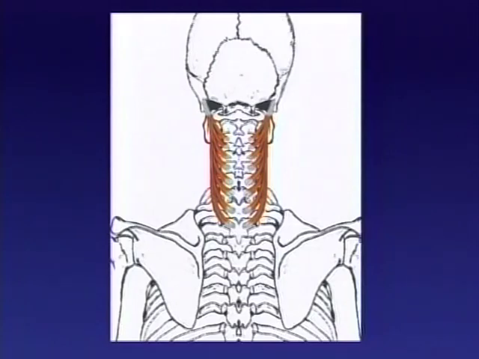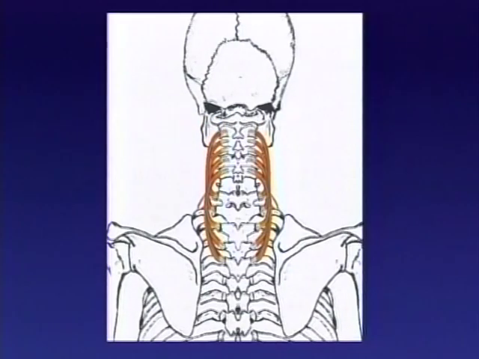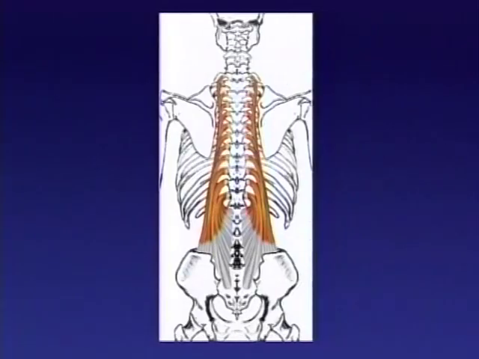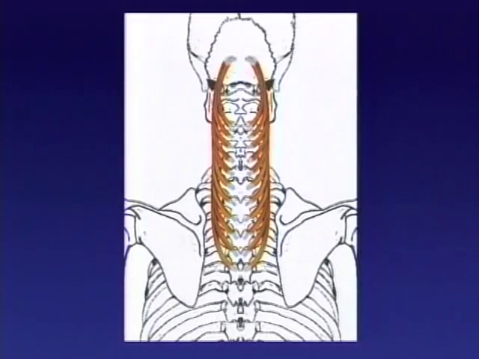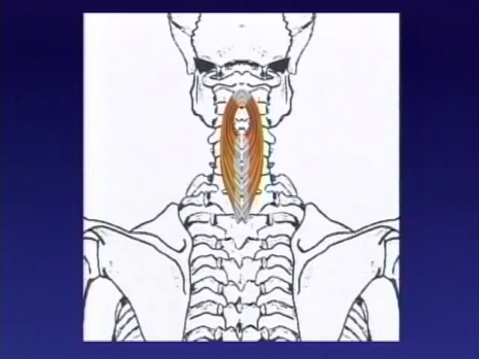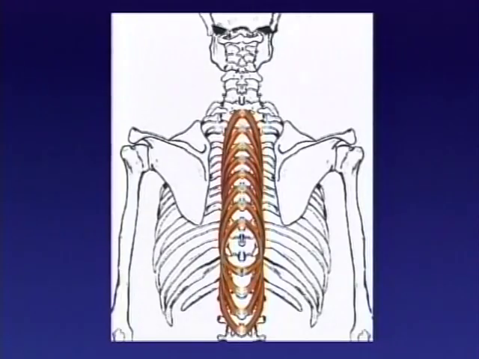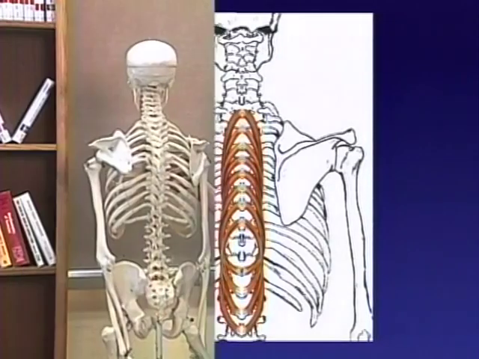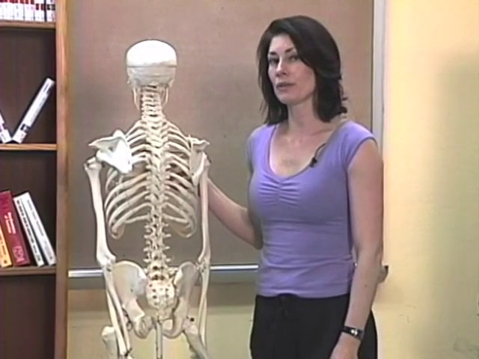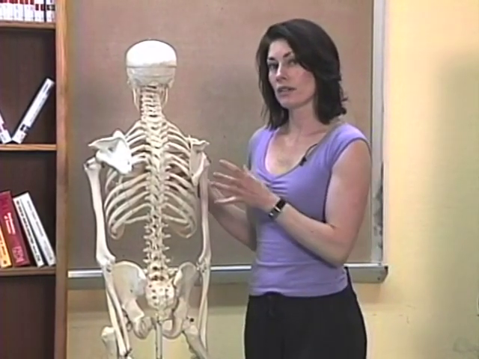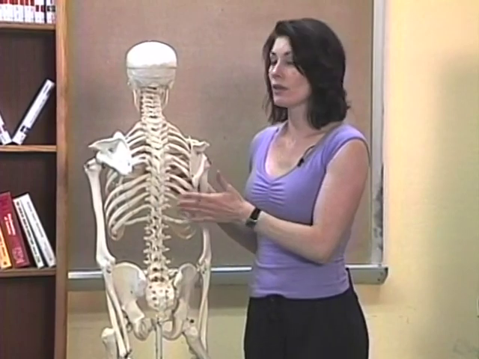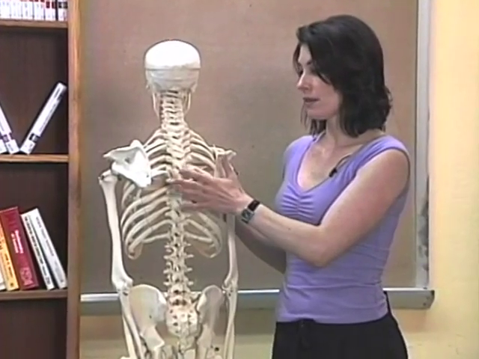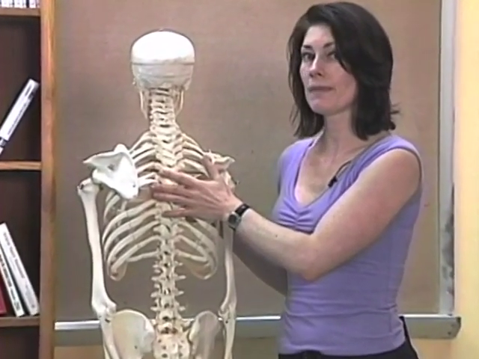So in general, the origins and insertions of the Erector Spinae involve attachments at the spinous and transverse processes of the vertebrae to each other and to the pelvis, ribs, and skull. The Erector Spinae muscle group mainly are deep muscles, so they're lying underneath the larger muscles that we've already talked about of the posterior area.